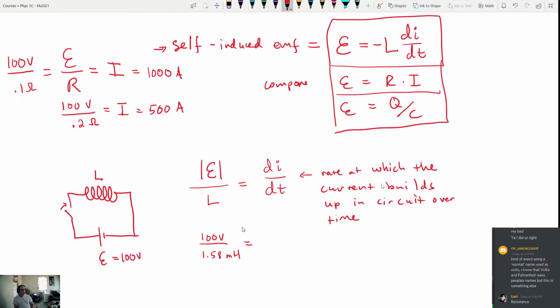And we get this number. Now it's a huge number. So I'm just doing this as an example. This doesn't really mean anything because, well, it does mean something. All right, so that is going to be equal to the rate at which the current builds up in the circuit.